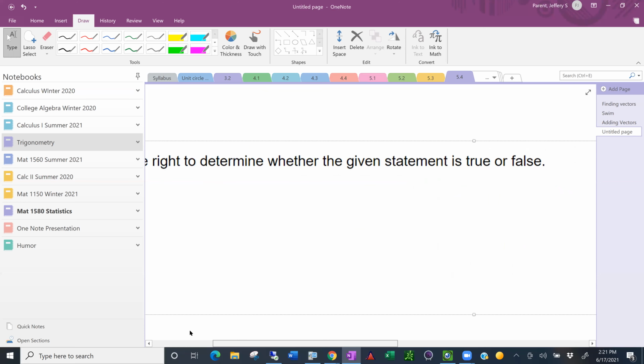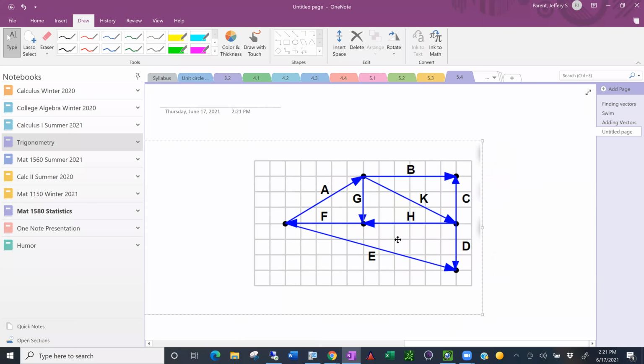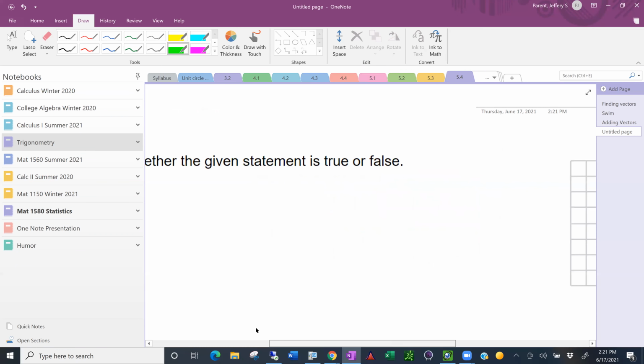So we want to see, does B equal G minus H plus C? First of all, let's take a look at B. All right, B takes us from here to here. Does that equal G minus H plus C? Well, if we were to do G, then G would take us, starting at this point, down. And then what's next? Minus H, right?